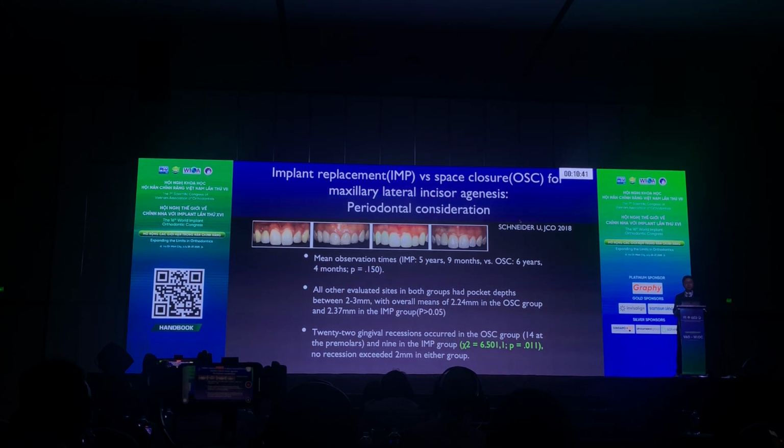However, there's one difference: gingival recession. Recession was pretty high in the space closure cases. I already showed the first case. There's a great possibility of recession when you decide on space closure, especially with substitution of the canine.